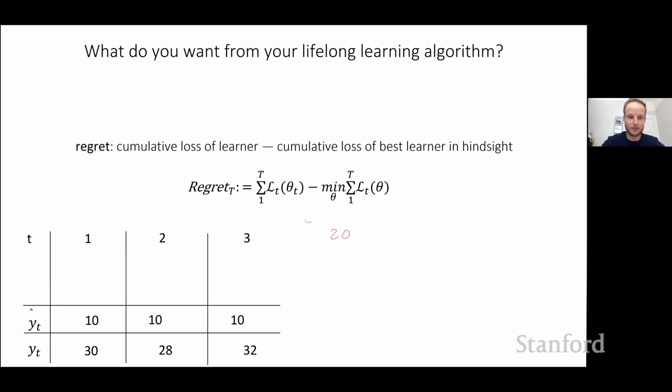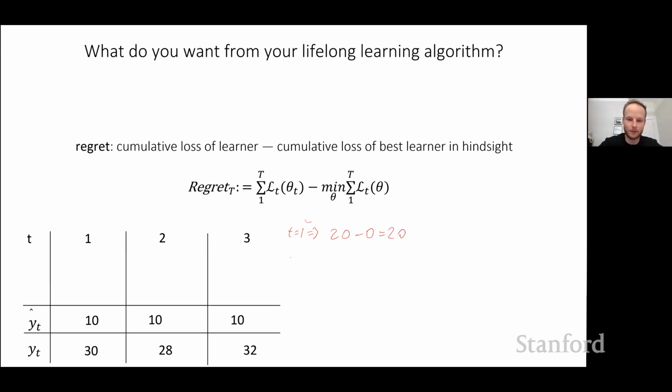That's the absolute difference between what you predicted versus what it actually was. And then for T equal 1, we have 20 minus the best learner in hindsight. For the best learner in hindsight, you would predict the best single number. That would be 30, and then the difference would be 0. So 20 minus 0, the regret would be 20.